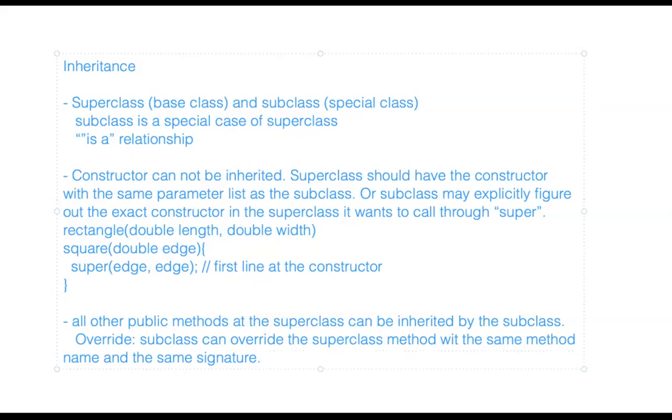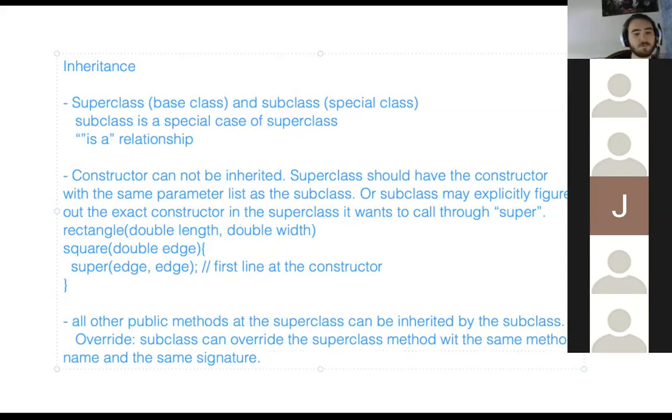Okay, so this means that I can overwrite the superclass method with the same method name and same signature. Signature means you have the same list of parameters.